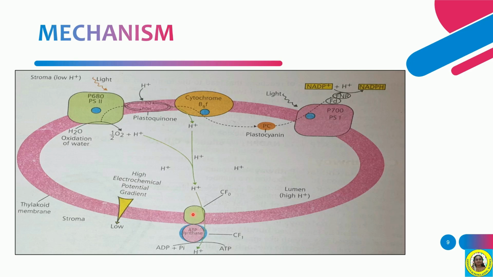The tail piece CF0 helps in the facilitated diffusion of protons, and then the protons pass through CF1, which creates conformational changes due to the energy release in CF1, and thereby the active sites of the ATP synthase in CF1 get exposed. Because of this, the substrates ADP and inorganic phosphate get attached to ATPase in order to produce ATP.